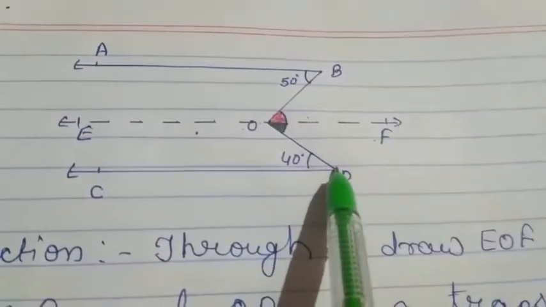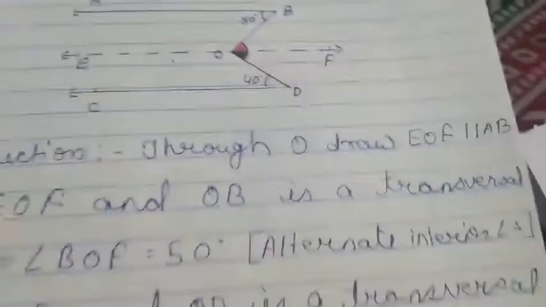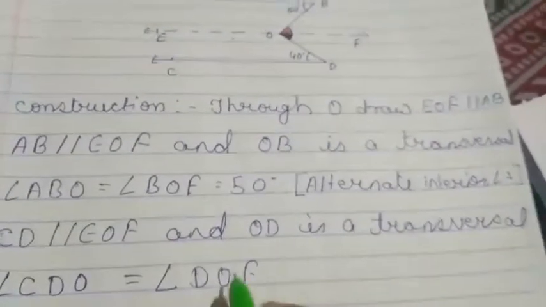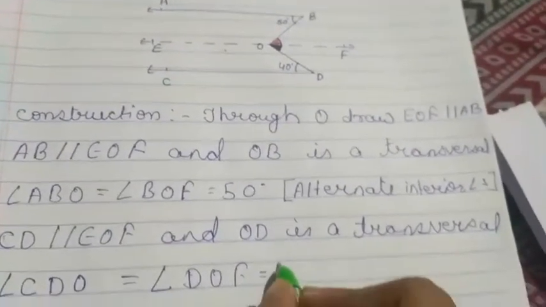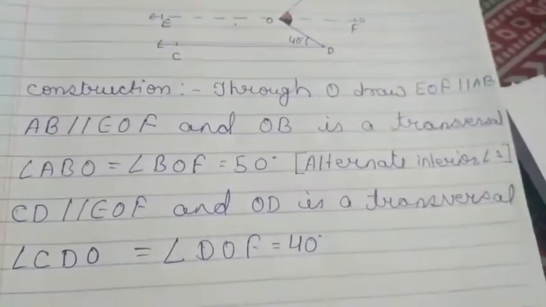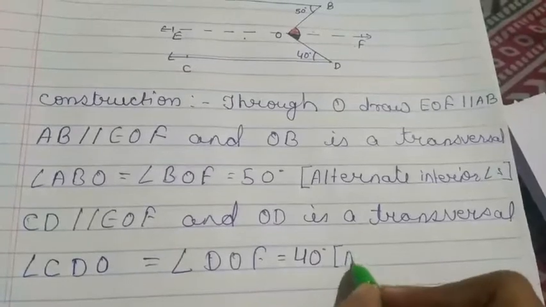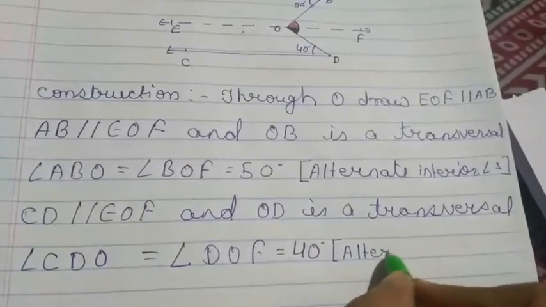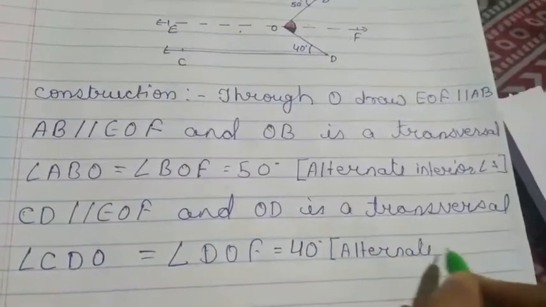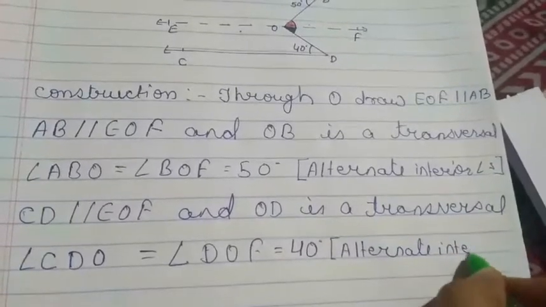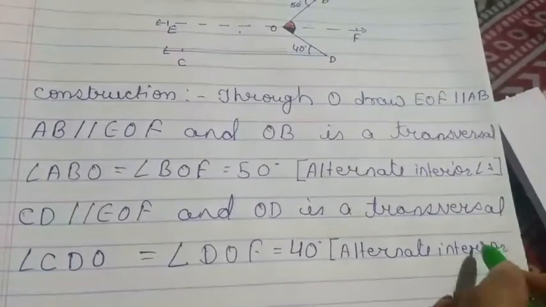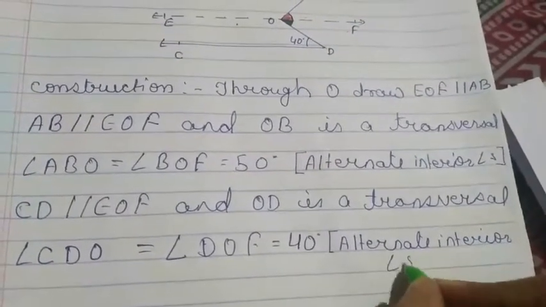DOF. What is the name of this? DOF is equal to 40 degree. By which property? Same, alternate interior angles.